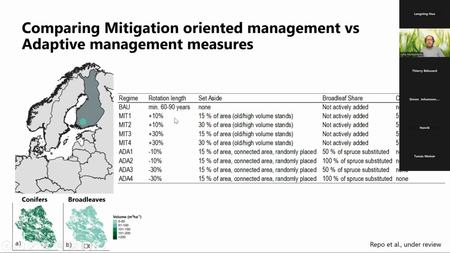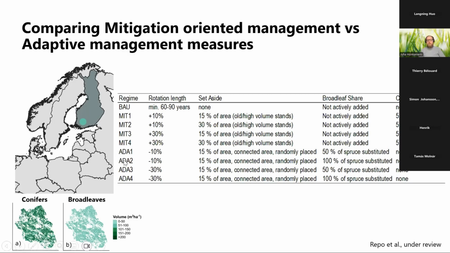For mitigation scenarios, we wanted to increase the rotation lengths either by 10% or 30%, and also increase the share of set-aside areas, and especially focus those set-aside areas on the oldest and highest volume stands in the landscape.